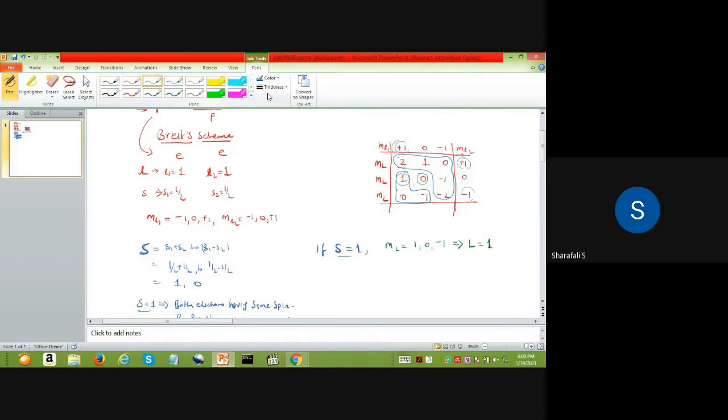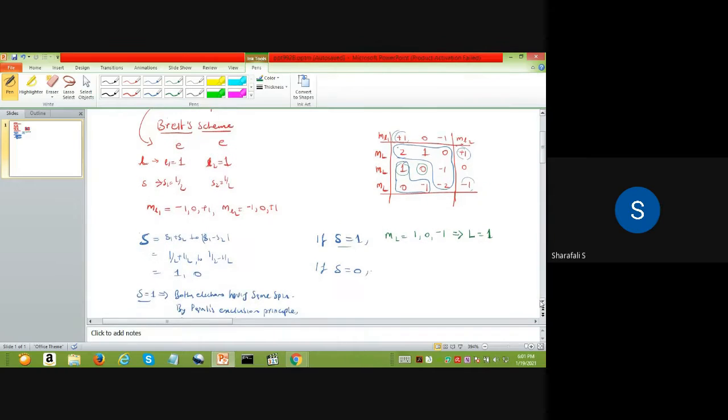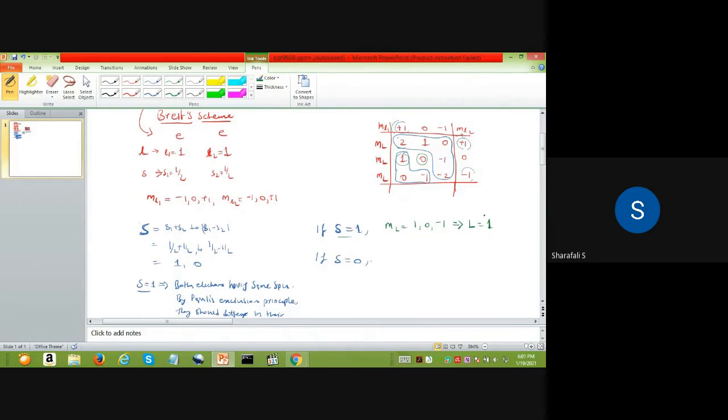But if you consider S equal to 0, then the other ML values are possible, because when S equal to 0, both are having different spin. So all ML values are allowed because spin is different. Any ML values are possible.